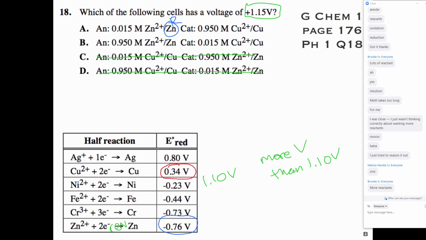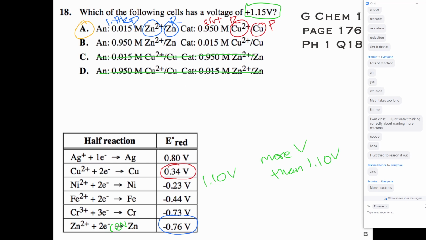For reduction, that's my reactant. For oxidation, this is my product. For reduction, that's my product. So ideally then, I want a lot of reactant and little product, which means that's my best choice.